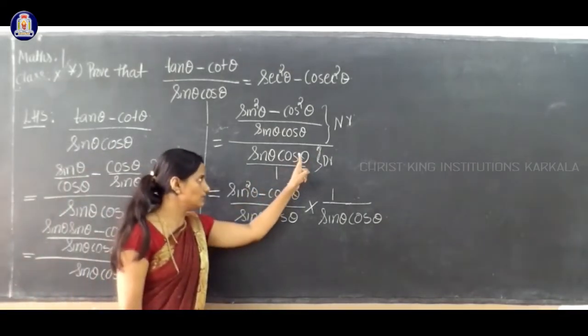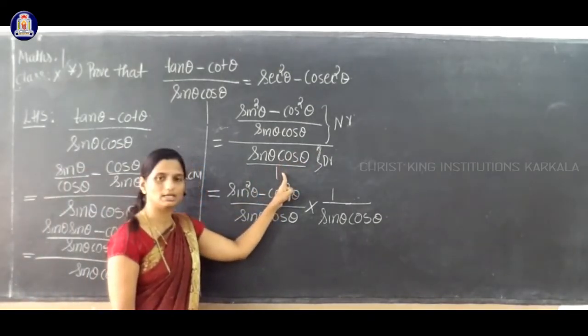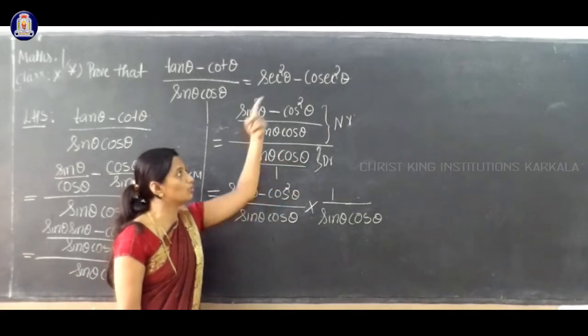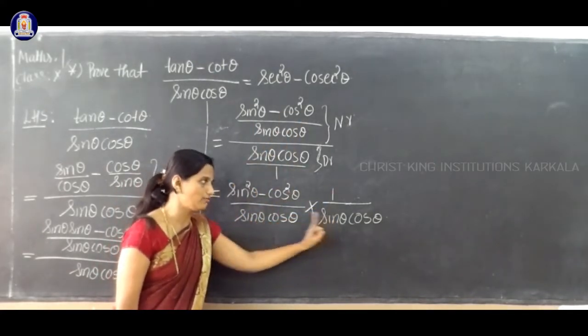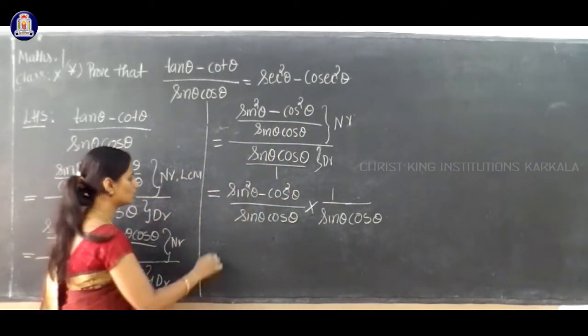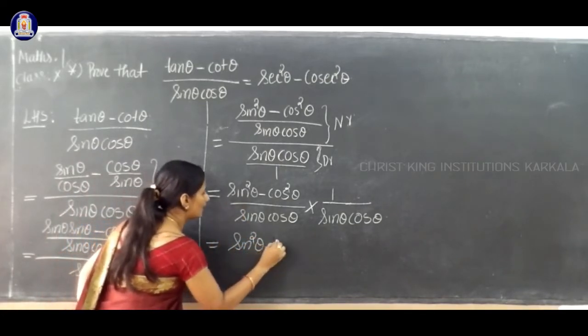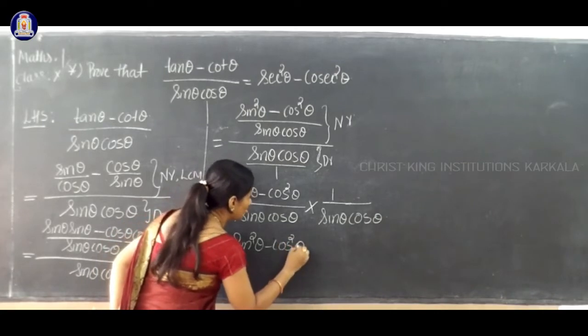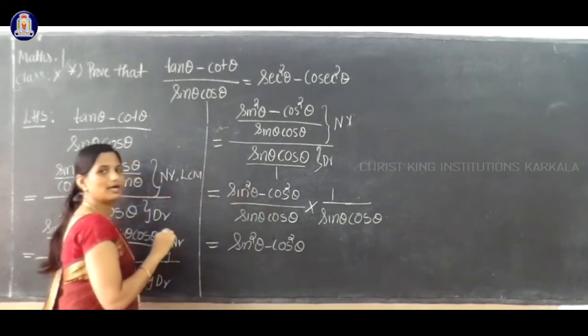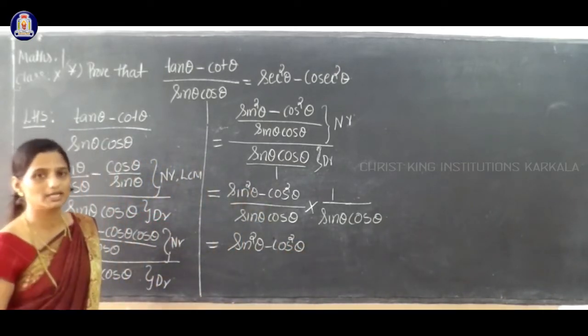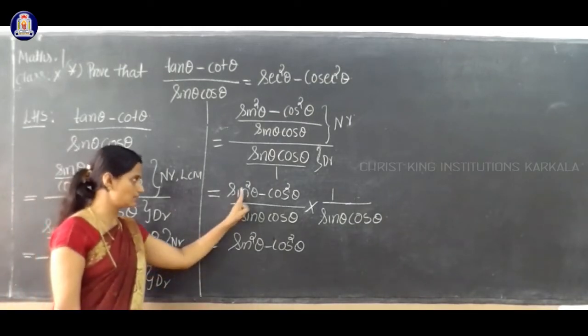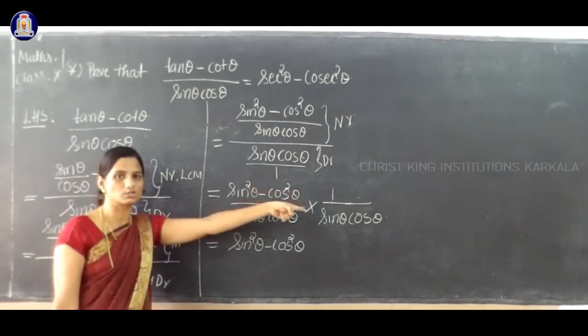So the denominator is sin theta into cos theta. When it goes to the numerator, it is 1 divided by sin theta into cos theta. So it is sin square theta minus cos square theta. Is it possible to apply your identity? No. What is your identity? The identity is sin square theta plus cos square theta.